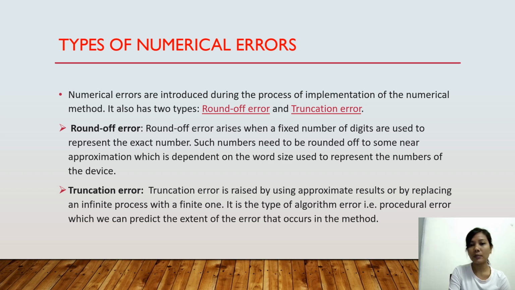In this video, I'm discussing more about the truncation error. With the help of the Taylor series, we are going to see how truncation errors are introduced and how they are related to the number of terms and the step sizes that we take in the infinite series.